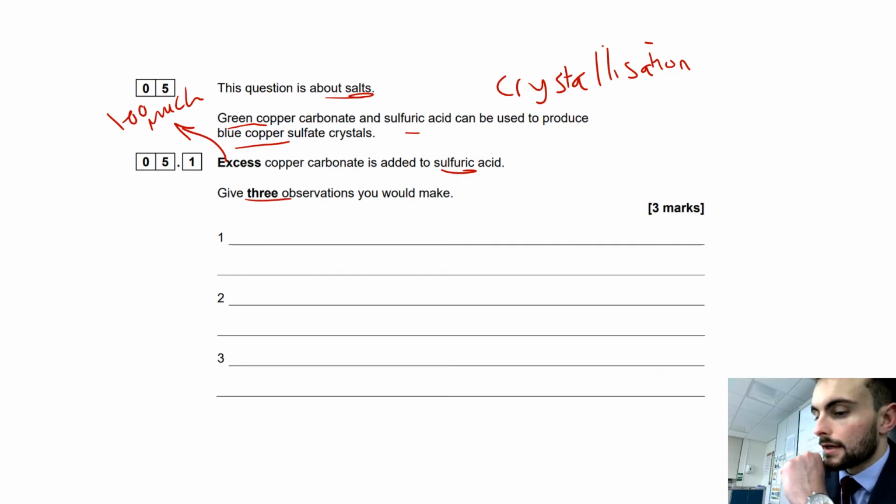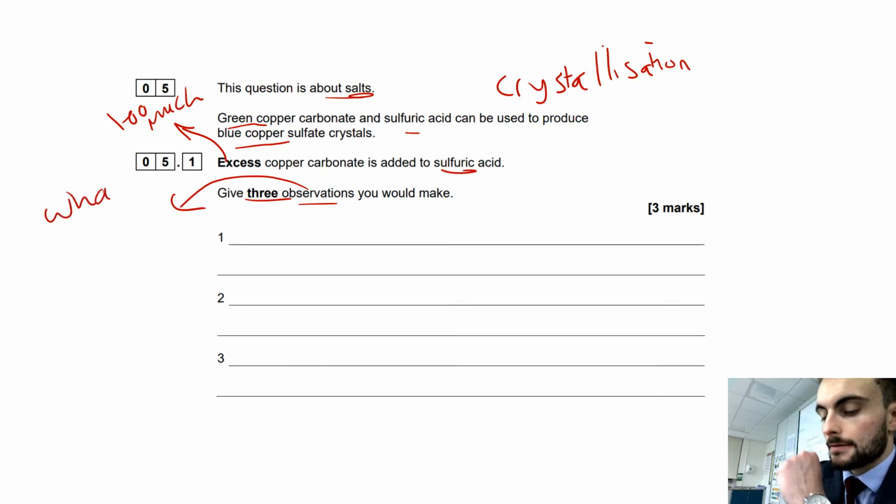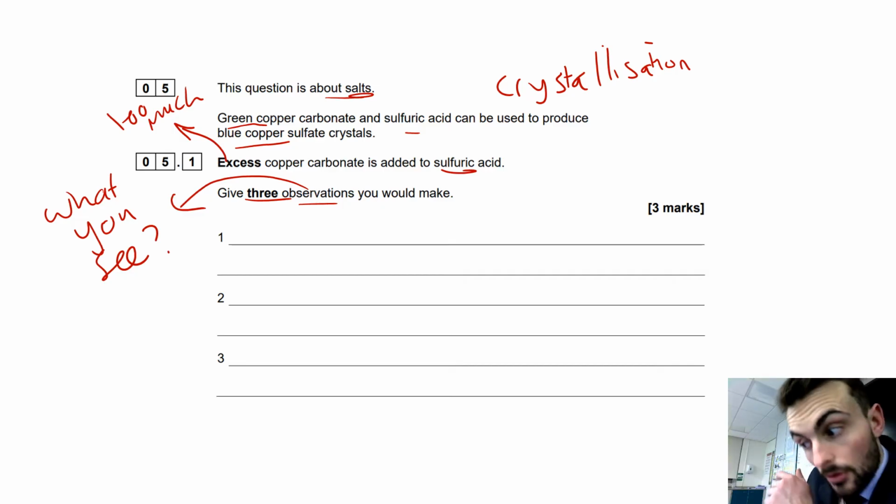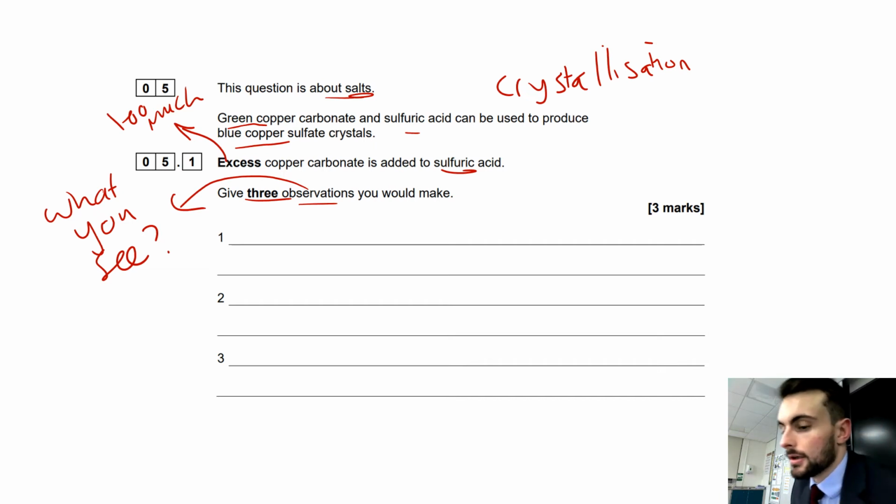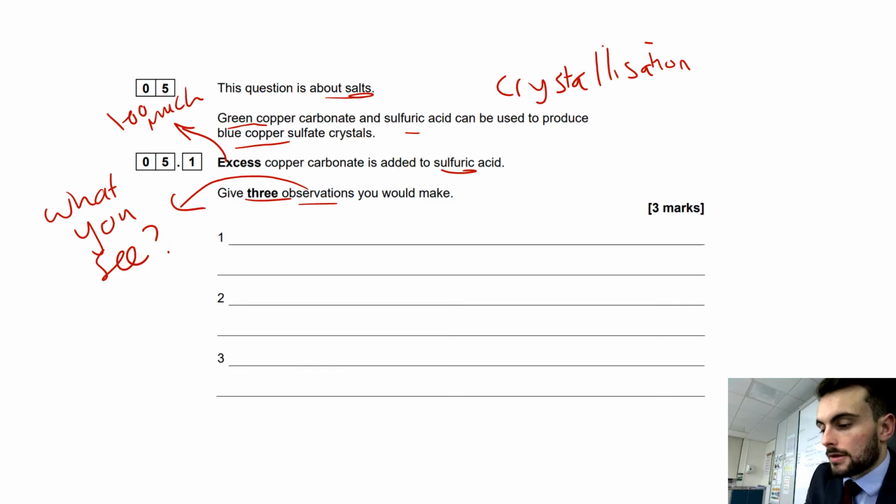Give 3 observations you will make. Word observation means what you see. So you've just got to put 3 things what you see during this chemical reaction. There's quite a long list of what you could put. So we can start off, we can say what would this green copper carbonate look like?